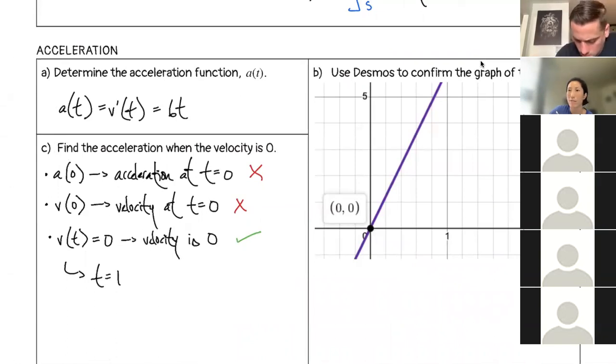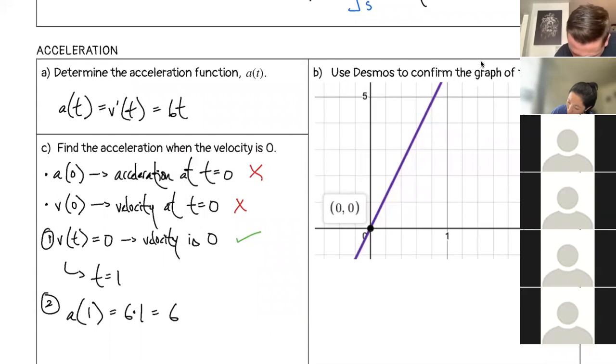T equals 1, however, is not my answer, because I don't want to know about time. I want to know about acceleration. Good. So this might be our first step. The second step would be a of 1. So 6 times 1 gives you 6 meters per second squared.